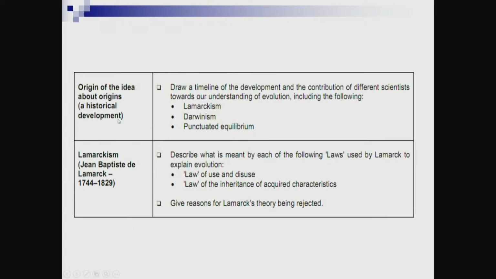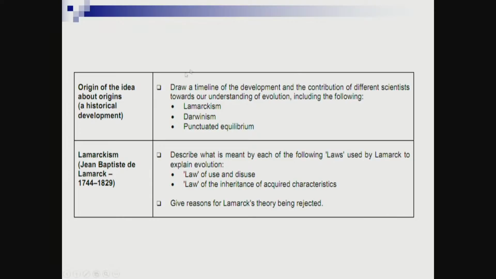So now on the evolution theories of Lamarckism, Darwinism, and punctuated equilibrium. Now this is very important, and it's also evaluated in paper 2 a lot of times. The answer in many times of these questions is the same.